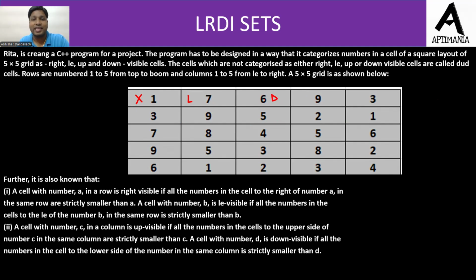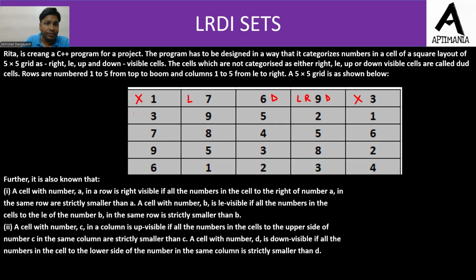Now 9 is the highest number that we have, so it is definitely left visible, it is definitely right visible, it is definitely down visible, but it is not up visible because we don't have any number above the number 9. Now this 3, I think we can check for two visibilities only. This is the corner cell. Left visibility not there because we have 9, 6, 7. Down visibility not there. So none.